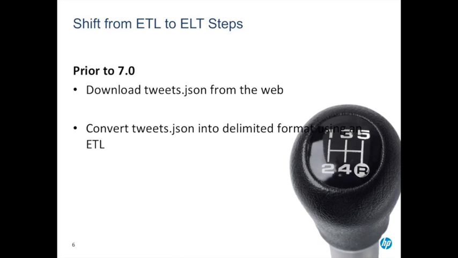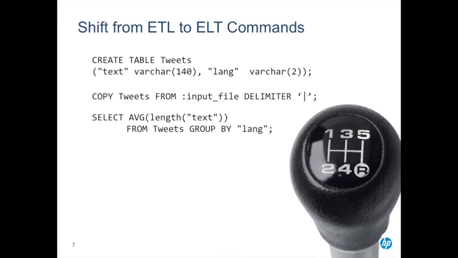Prior to 7.0, you basically had to download the JSON file from the web and convert those files into delimited formatting using an ETL tool. These would be the commands that you would use. You'd create your table, and then you would set up that it's going to be text, what kind of data type, language, varchar. Then you'd copy the data from the delimited file that you've already prepped.